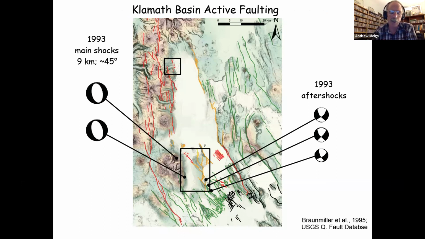The Klamath Falls earthquakes actually showed how the kinematics of faulting works in the Klamath basins. The main shocks, the ones that caused the damage and the 2 deaths, were localized on the Lake of the Woods fault, where the earthquake epicenters, because the faults dip, are off to the east. And without going into detail, the seismological method of showing the kind of displacement in an earthquake is given by a beach ball.